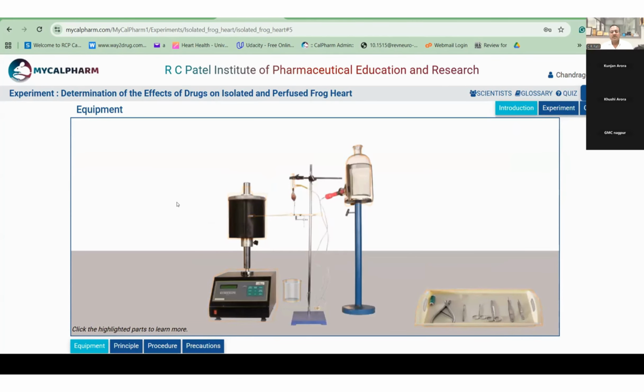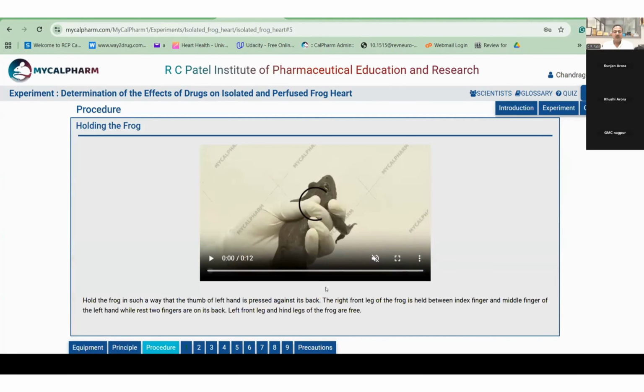Okay. So another classical experiment is the isolated and perfused frog heart. No doubt, this experiment also tells us about the effects of drugs on the cardiovascular system.